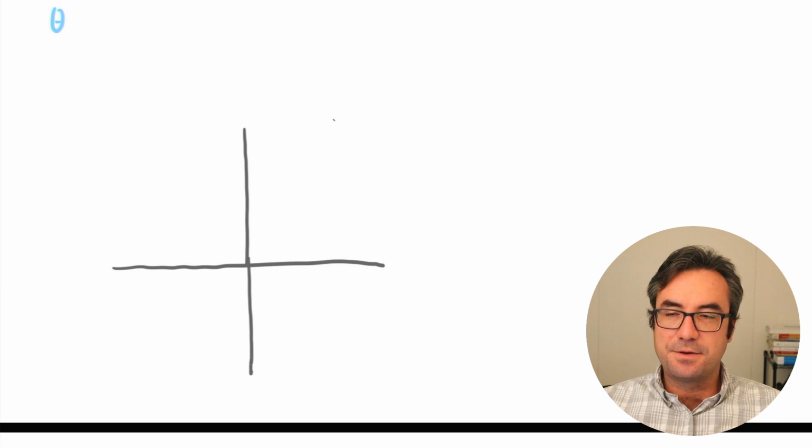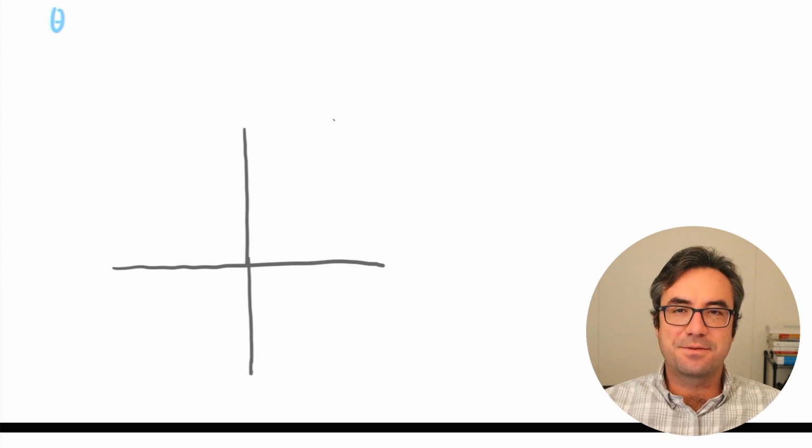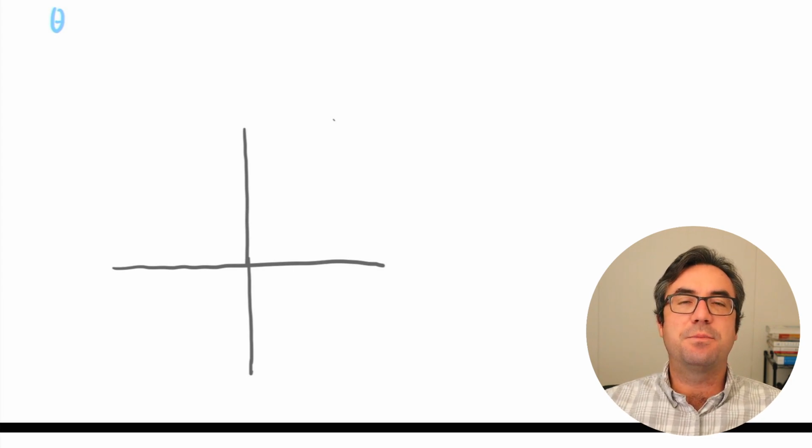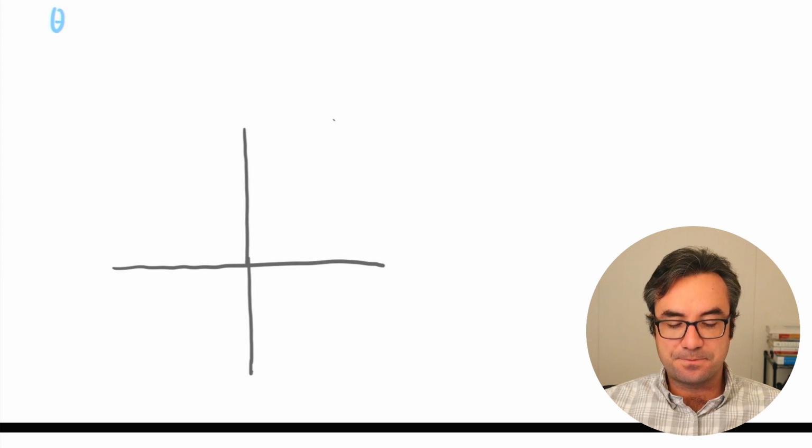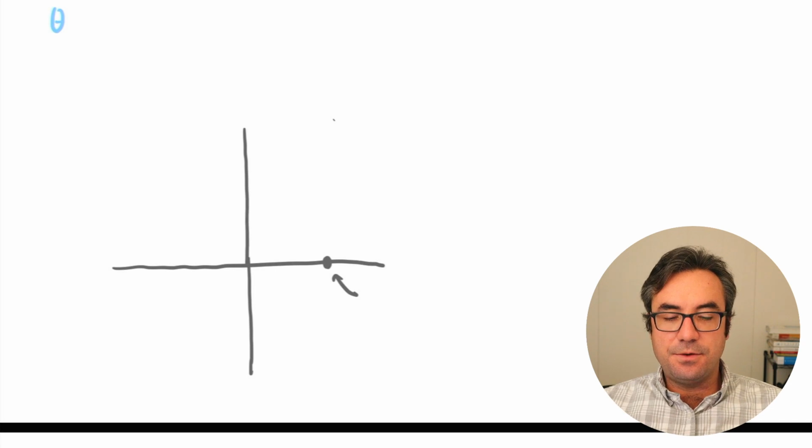Here's our XY plane, and we can use the unit circle to help us remember different trig values.